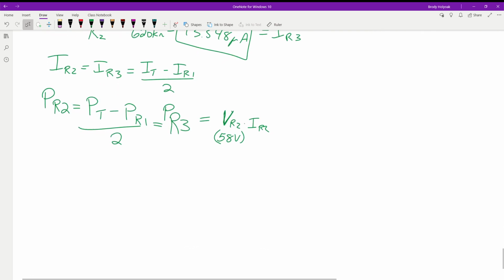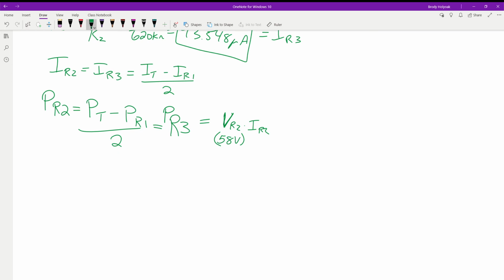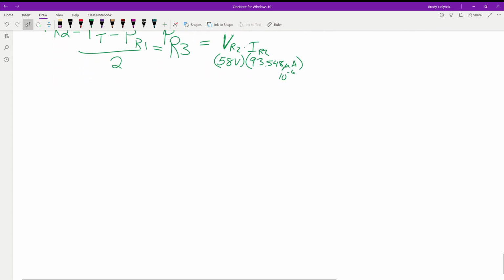So coming back to here, we have our 58 volts. We're going to multiply that by 93.548 microamps. And again, micro is times 10 to the negative 6th. We plug that into our calculator, and that's going to give us what? And I'll wait.